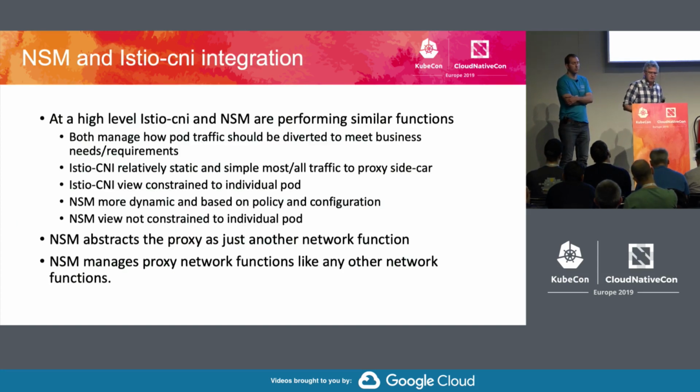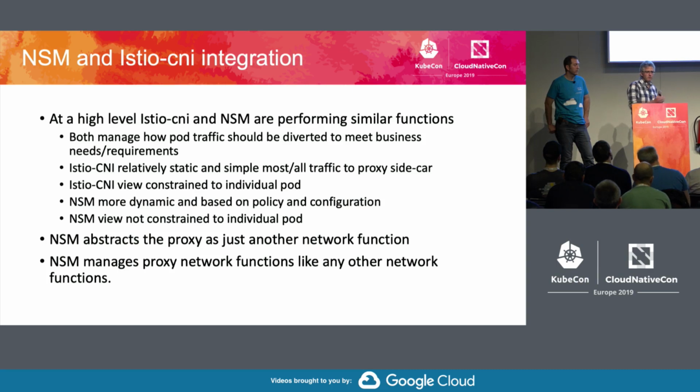So how does this relate to the CNI? At the current time, there's no actual integrations or proofs of concept to do this work, but it sort of falls out naturally if you think about it. If the network service mesh is actually orchestrating what kind of network elements and services need to be in the path of a connection, you could quite easily envision what we talked about with the CNI falling into that same pattern, where this particular application wants to be part of a service mesh.